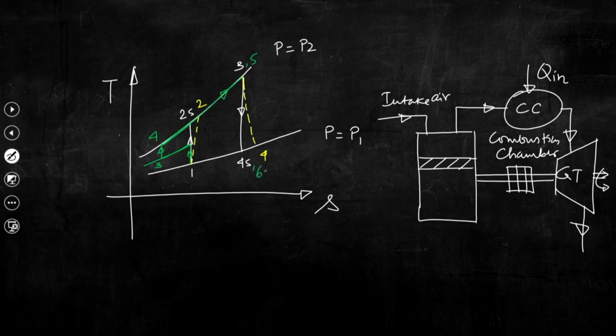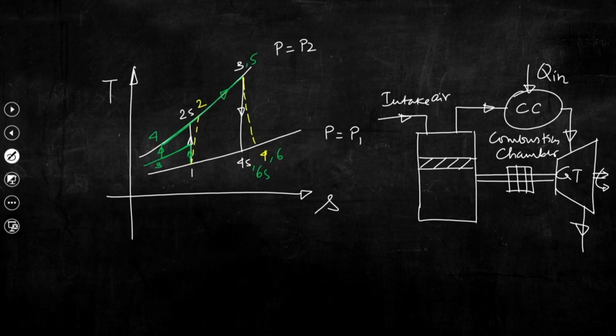So, this could be 6s comma 6. As if again we are adding a certain amount of energy to the working fluid by burning fuel, and we are able to supply an equal amount of energy, and then it is again coming to that point and finally expanding in the turbine.